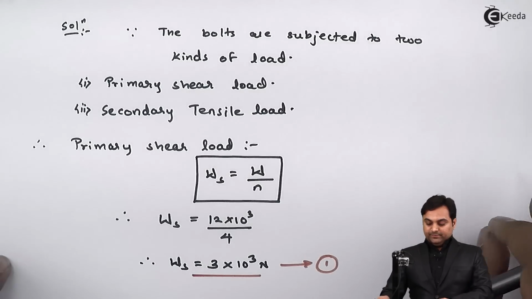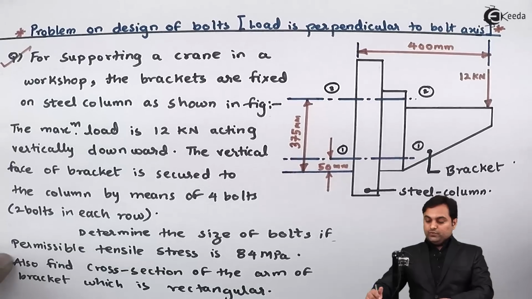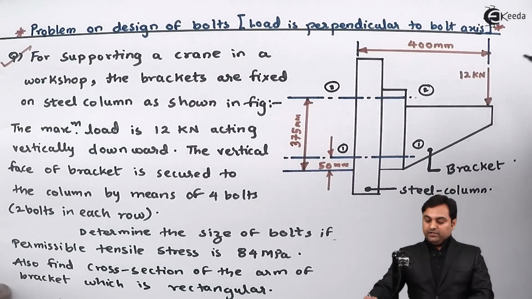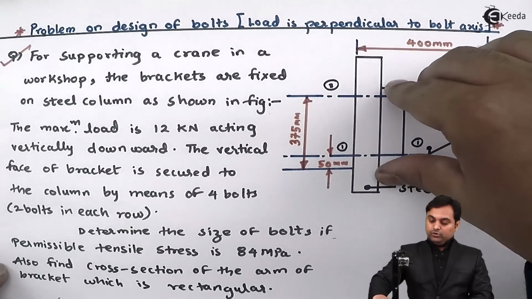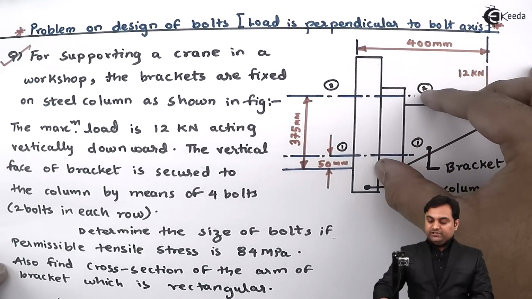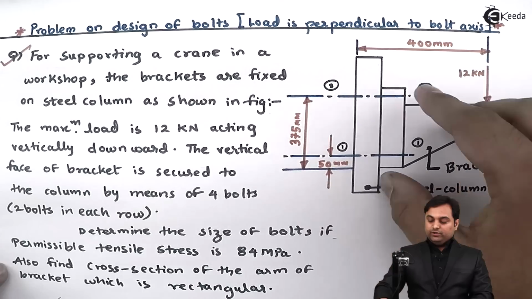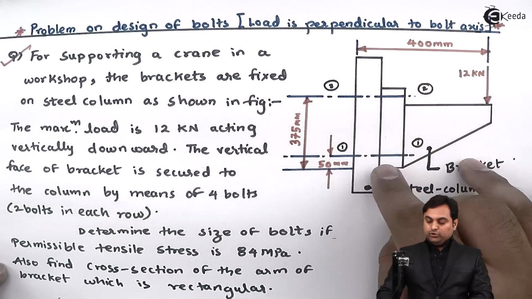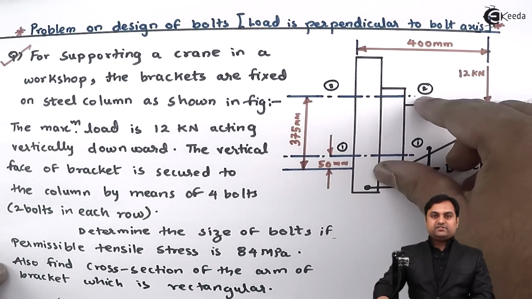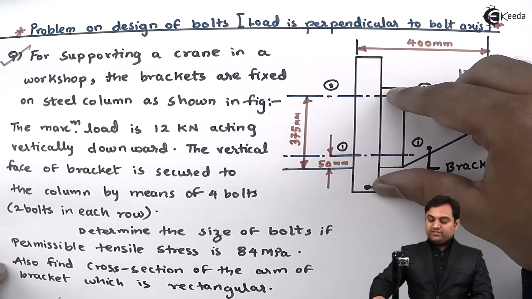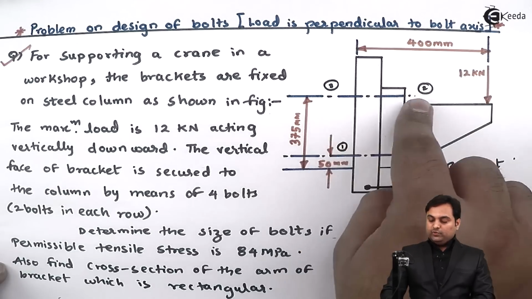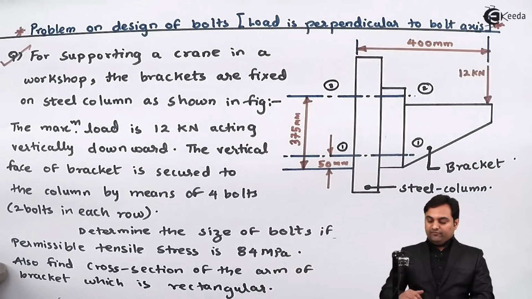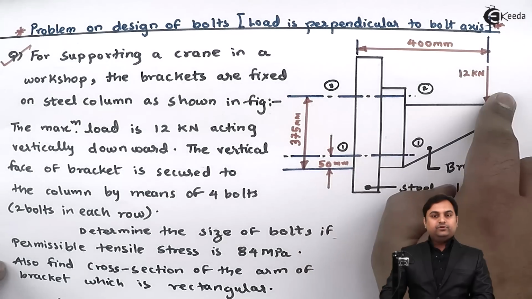Next, after getting the primary shear load, the next thing is, suppose when the load is acting on the bracket, instead of directly sliding, there are chances of this bracket to tilt, and when it is tilting, the bolts which are closer to the load, they would be stressed more. Bolts which are far away from the load, they would be stressed less. Because of this unequal stretching, there are chances of the bolt to fail under tension, and that too, the bolts which are at section 2 will fail more or more heavily loaded because they are closer to the load.